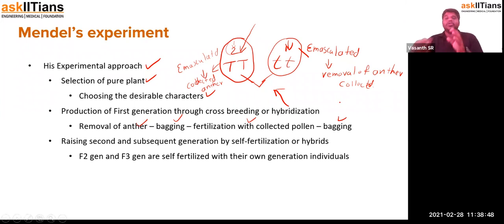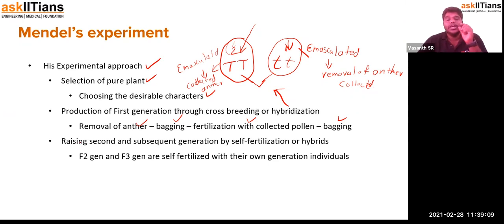By doing so, it restricts the influential work done by the natural pollinators. Now when he has done the bagging part, everything is under his control. Nothing goes out of his knowledge. So that is what happened over here.